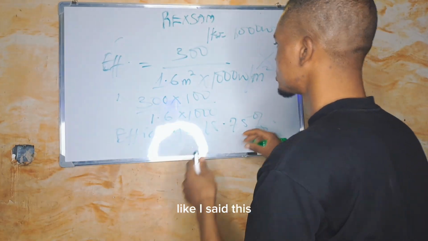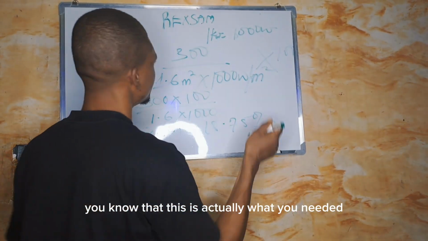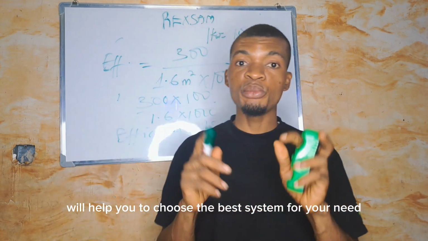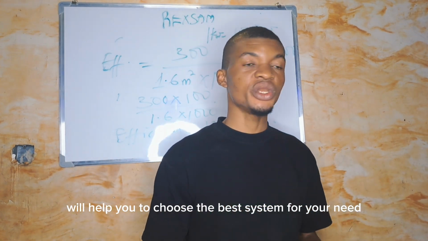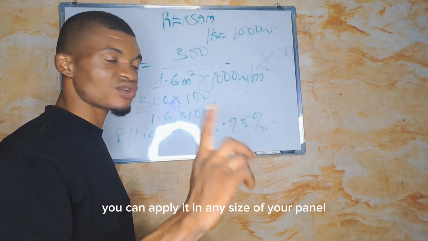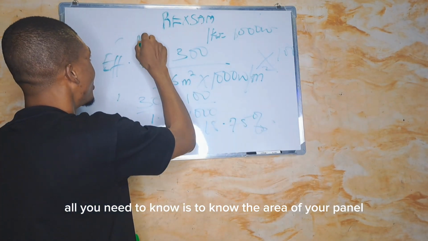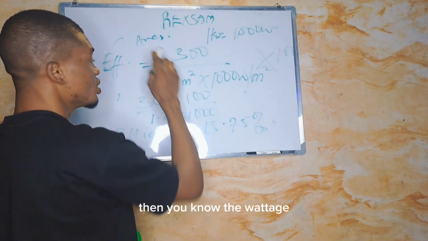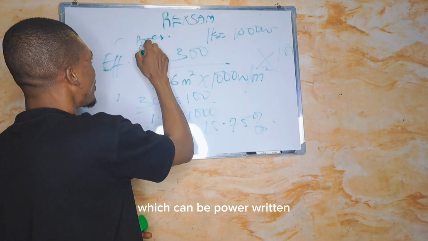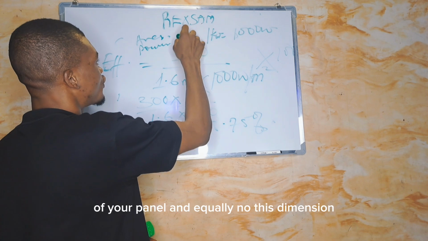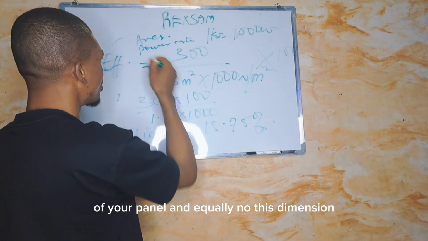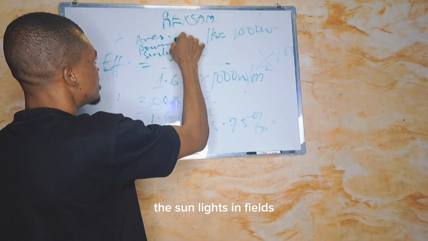Like I said, this is actually what you needed, and understanding this concept will help you to choose the best system for your need. After calculating this, you can apply it to any size of your panel. All you need to know is the area of your panel, then the wattage, that is the output rating or power rating of your panel, and equally the sunlight input.